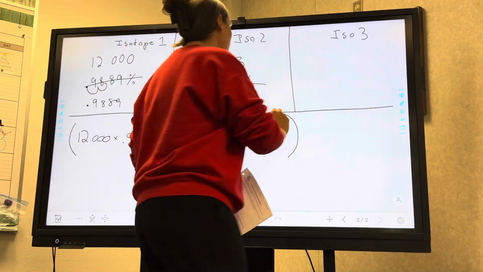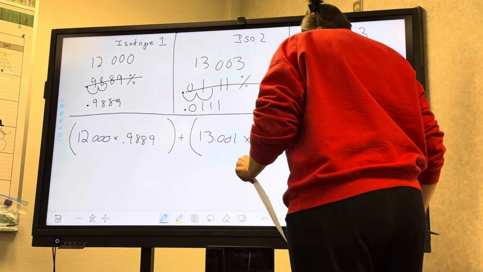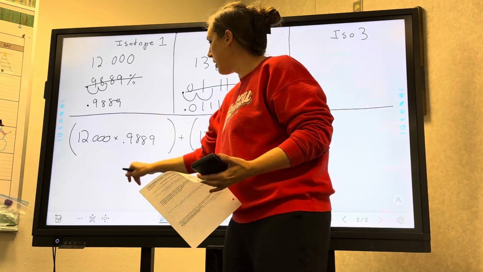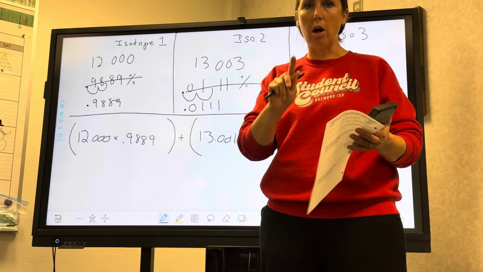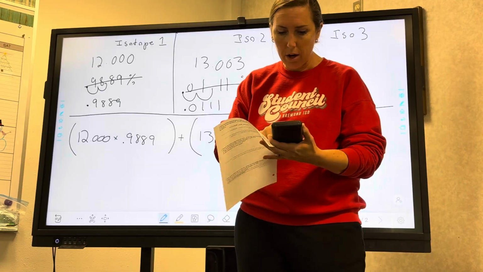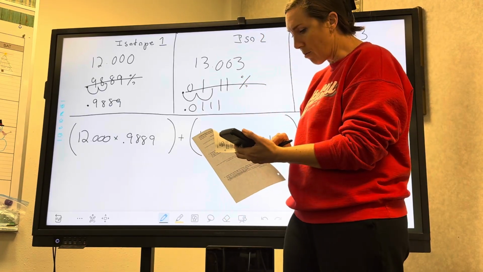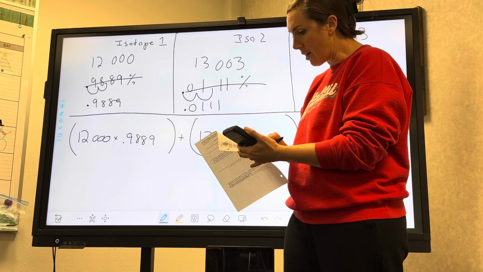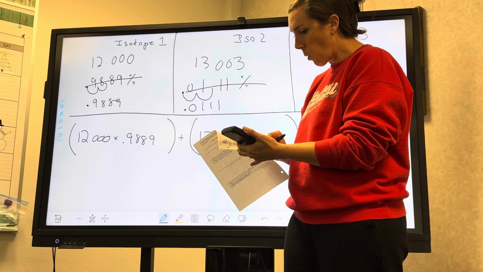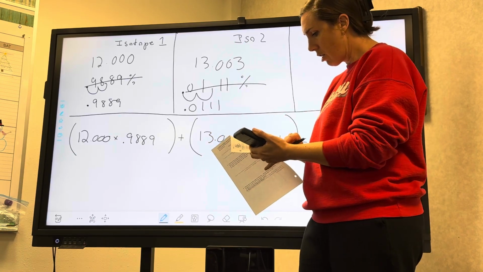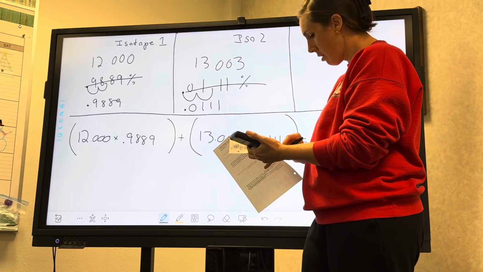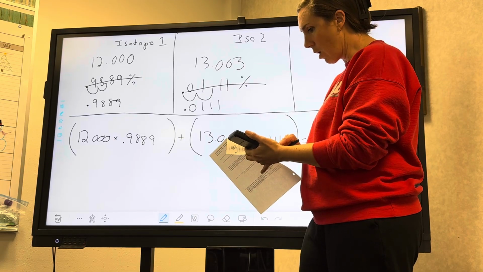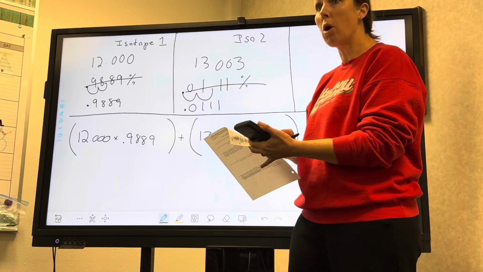Okay, so this one only had 2 isotopes. Now, you could do this, put it down here, add it to this, but I'm going to do it all in one fell swoop on my calculator. So I do my 12 times 0.9889 plus 13.003 times 0.0111.